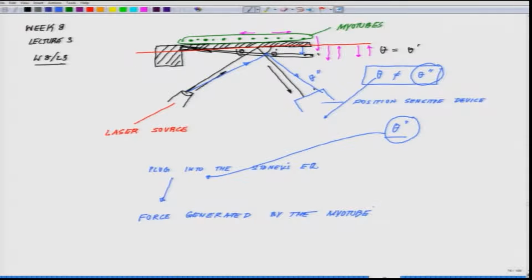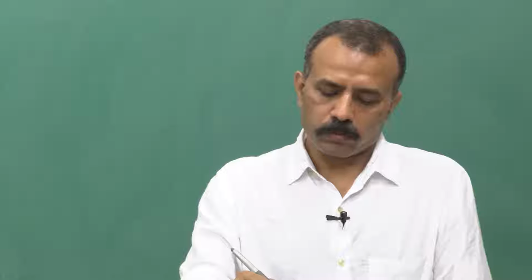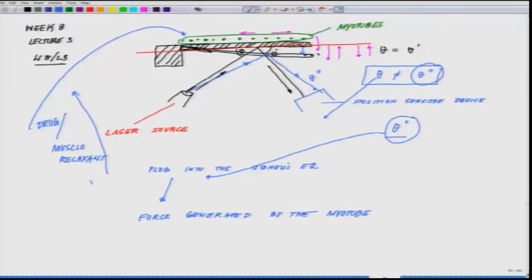Now, say for example, you add a drug or some other molecule, like a muscle relaxant or something. Say you have a confusion whether this particular drug acts on a neuron or acts on a muscle. So, you add something, some X, Y, Z, whatever.